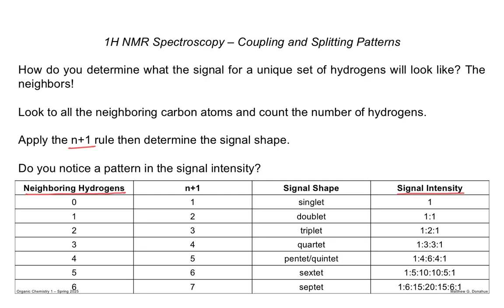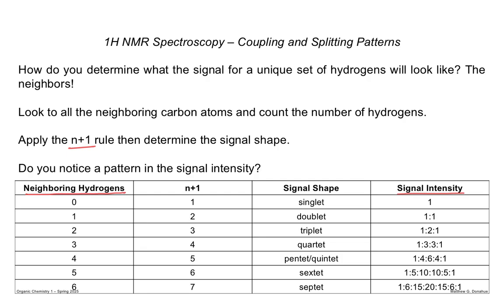If you have 1 neighboring hydrogen, the n plus 1 rule says you should have 2 lines, and we call that a doublet. So you have 2 lines. In the ratio of those lines, the heights is 1 to 1. It's equal. So that should make sense.